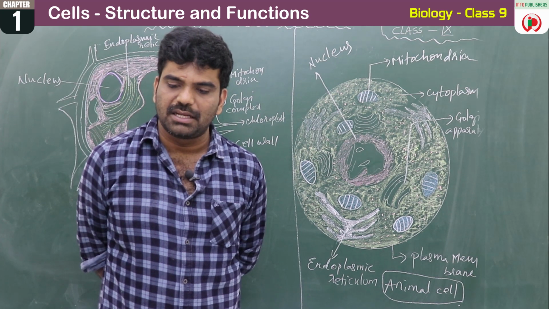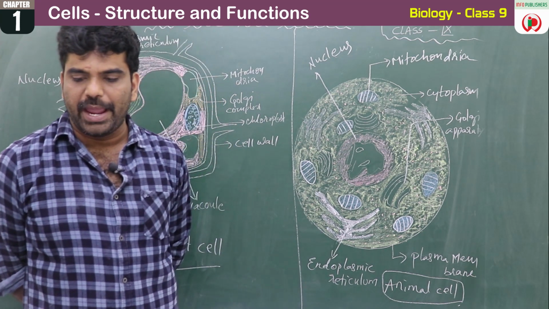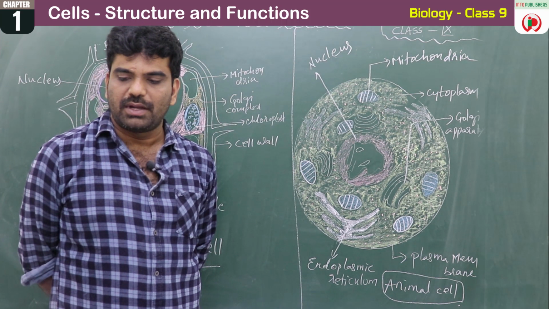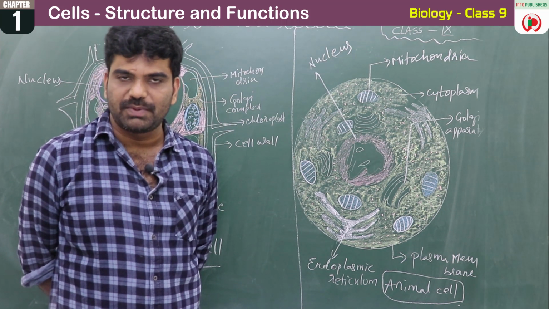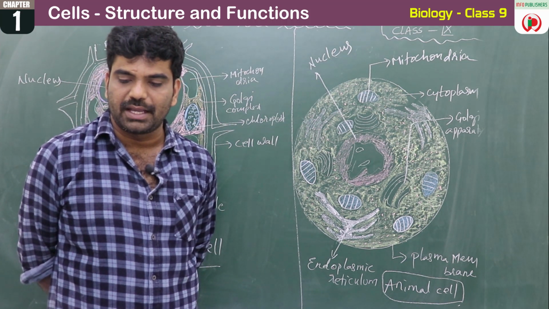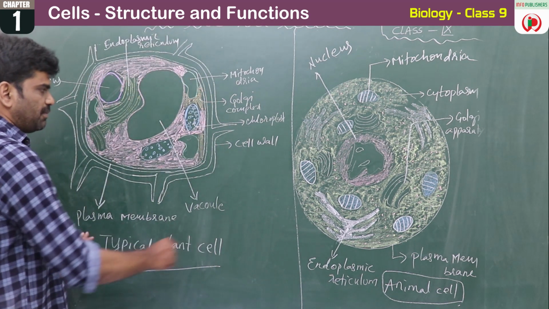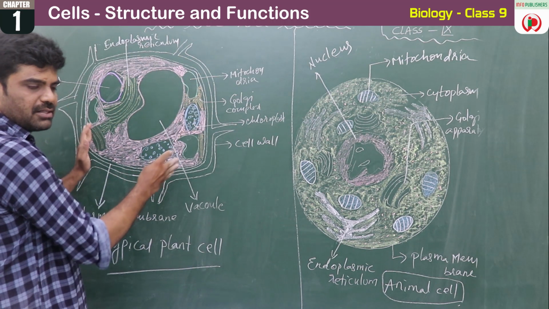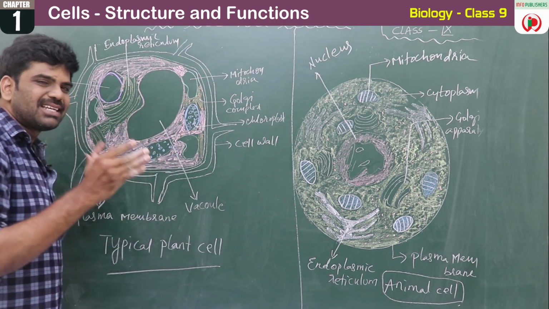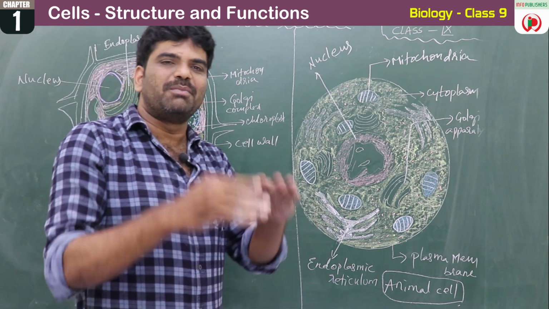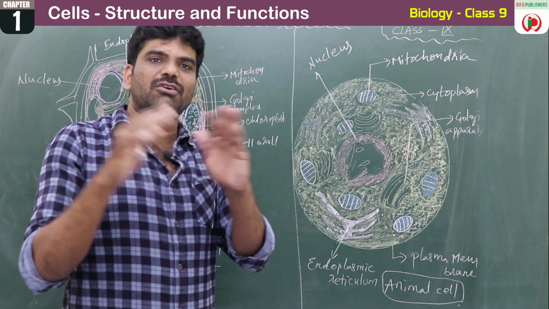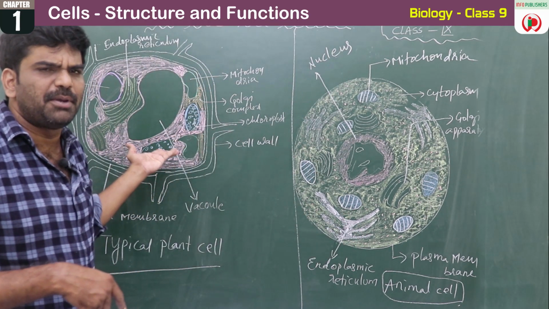The typical plant cell provides a way to study the cells. Once we arrive at such a model, we can compare any cell with it. A typical plant cell and animal cell means all the parts. Not only a single cell is present in the plant, so many cells are present, and in those cells some parts may be missing.